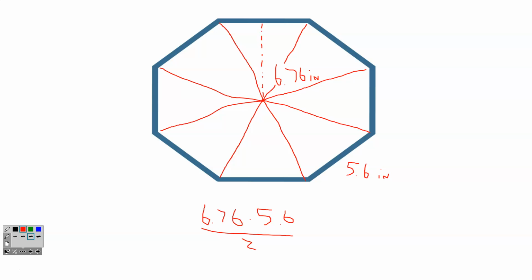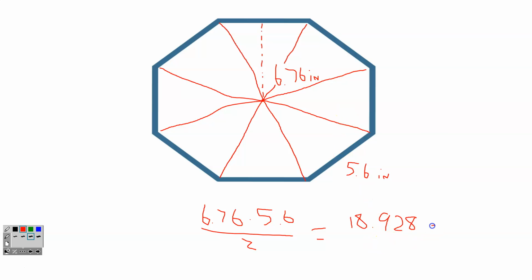So if I type in my calculator 6.76 times 5.6, and divide it by 2, I'm going to get an answer of 18.928, there you go. So now that's the area of just one of these triangles. But I need to do 1, 2, 3, 4, 5, 6, 7, 8 of those.